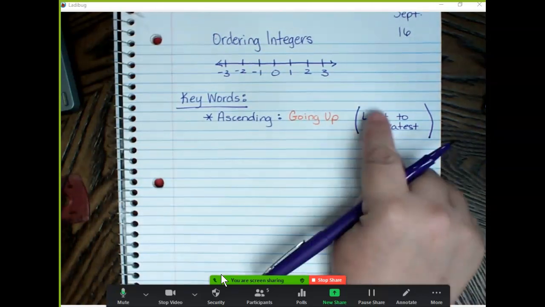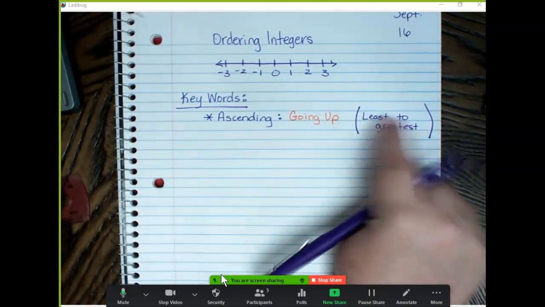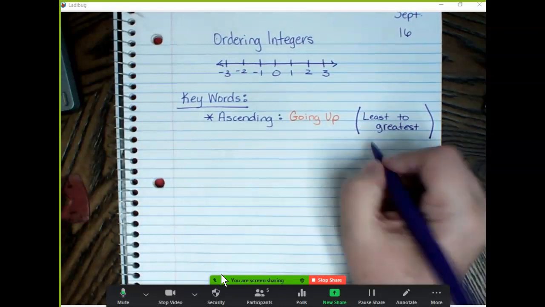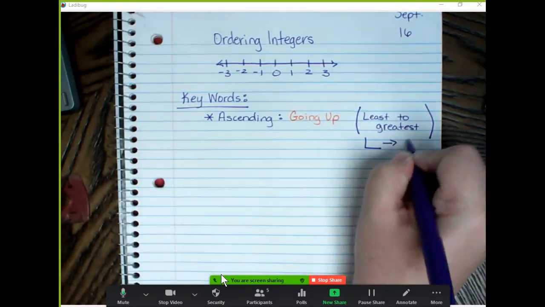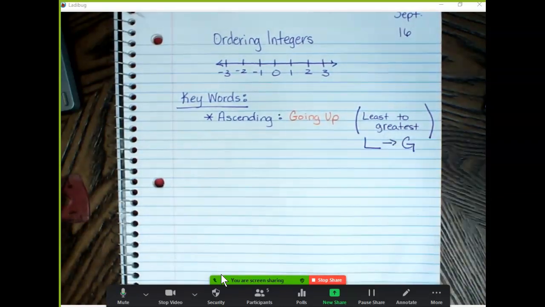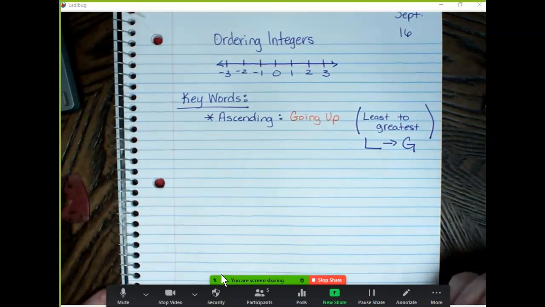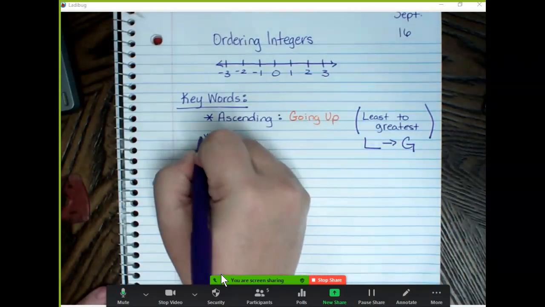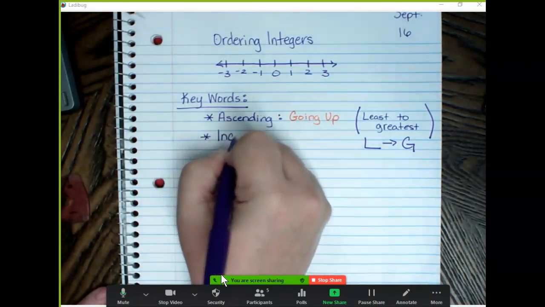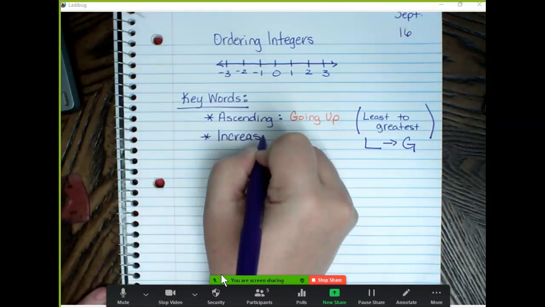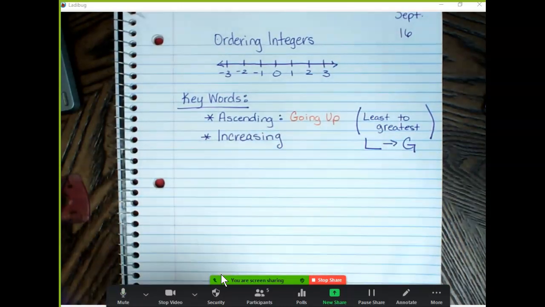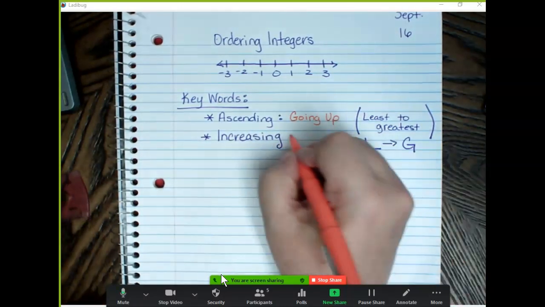When I take my notes or show brain work, instead of writing out the words least to greatest, you'll see me do this: a big L to G, least to greatest. Another key word that they like to use is the word increasing. It also means going up.